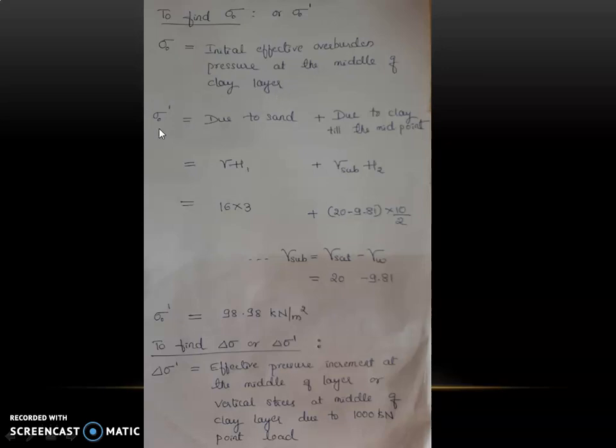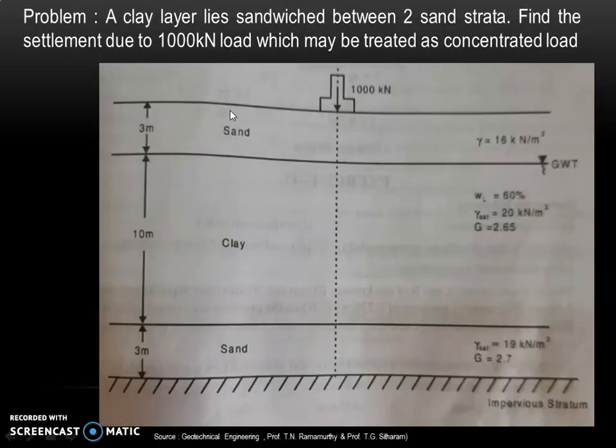Sigma naught is due to the sand layer which is on top, and we will be finding out sigma naught at the center of the clay layer. So due to sand, we will have to find what is sigma naught, and second one, due to this clay layer, we have to find what is sigma naught at the midpoint.